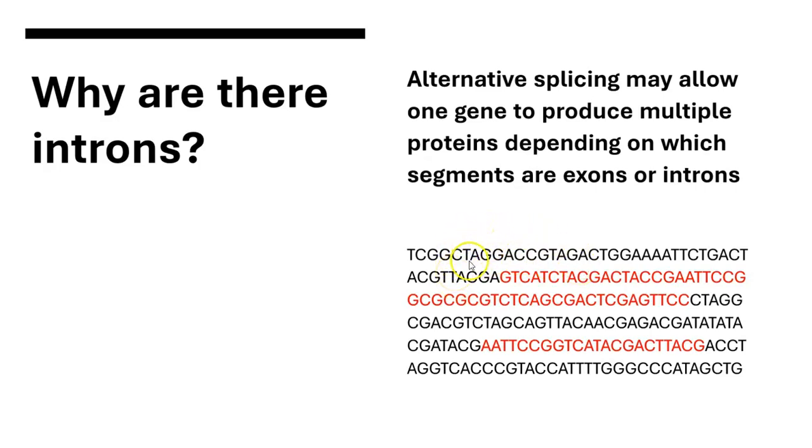And maybe the next time we read it, we splice it differently and create different black regions and red regions. So therefore, just from this sequence here, we can make a multitude of different proteins just in how we view our exons and our introns.